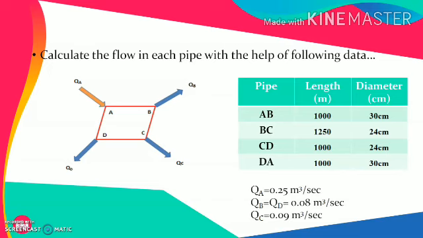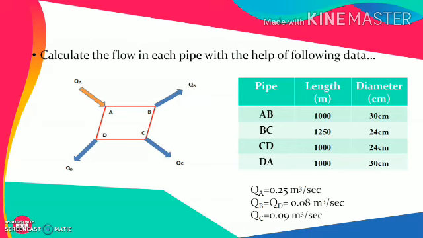The diameter of AB and DA is going to be 30 centimeter, while for BC and CD the diameter of pipe is going to be 24 centimeter.